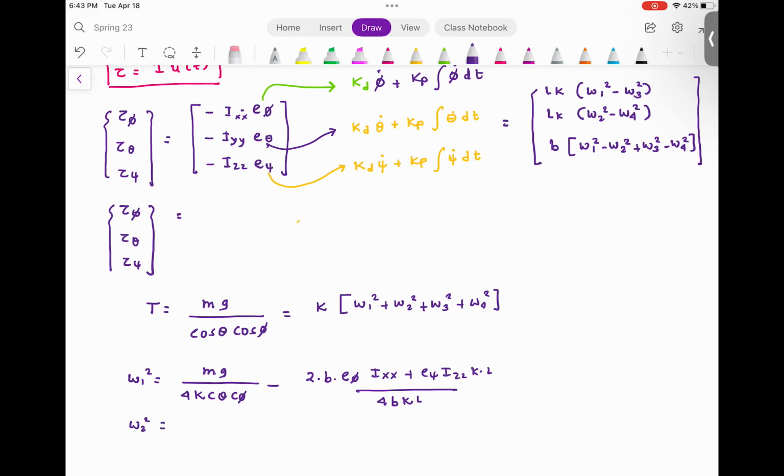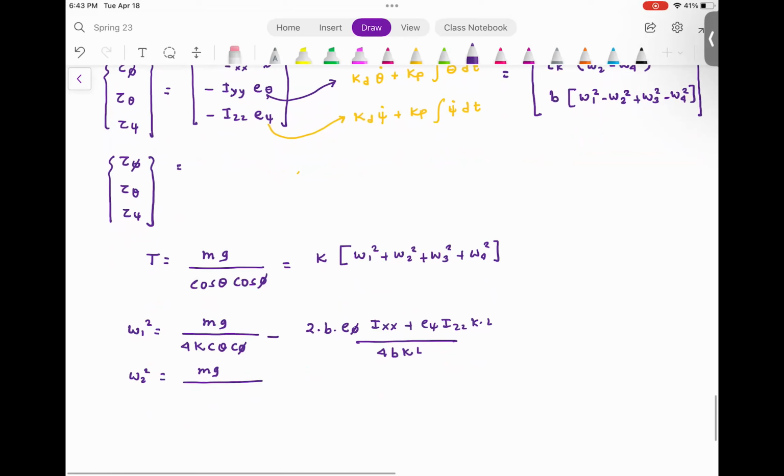Omega 2 square is equal to mg. If you use MATLAB or Mathematica to solve these equations, it will give you this very nice expression: mg divided by 4k cosine theta cosine phi plus e psi Izz divided by 4b minus e theta Iyy divided by 2kl.